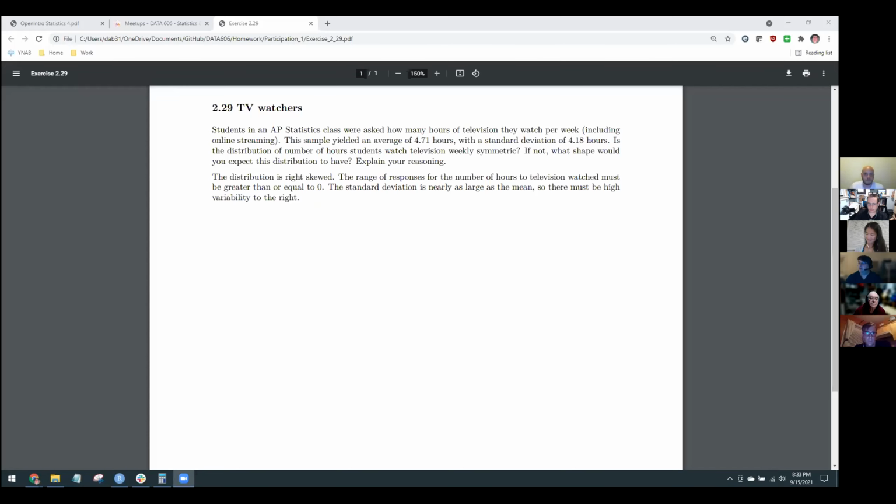There's a fixed boundary on the left side, so it's going to be skewed off to the right. And the standard deviation of 4.18 is almost as much as the mean, so it's probably very variable out to the right. Great. Yeah, that was short. But being able to describe distributions is important. So that's good.